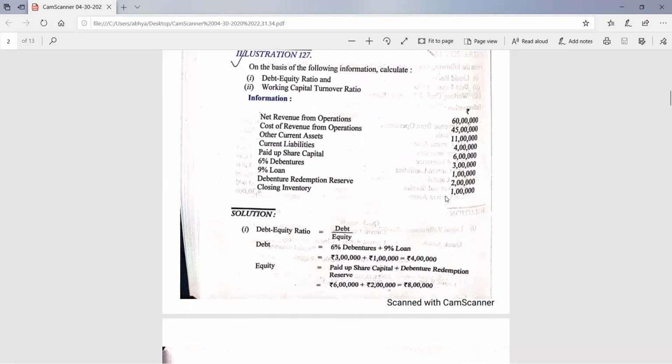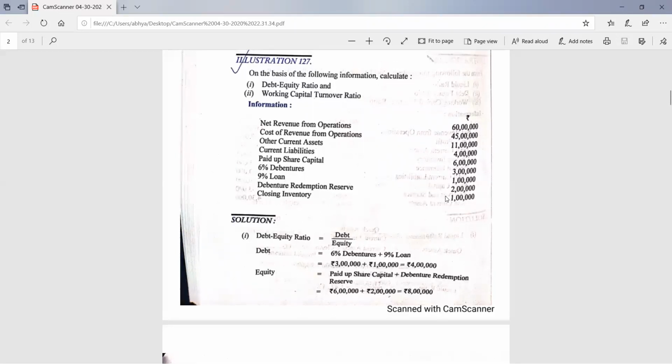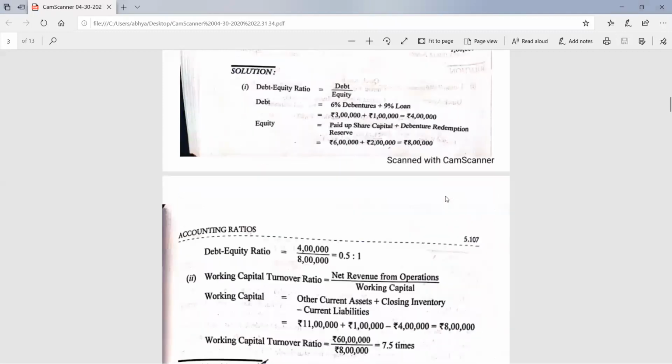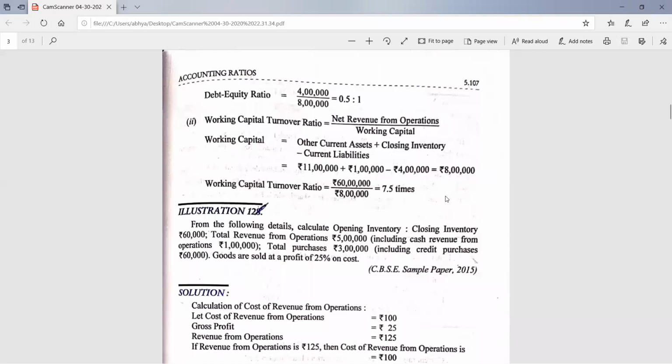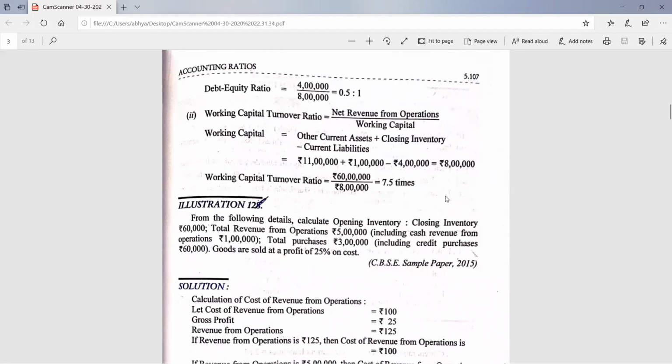Other current assets means other than those current assets which are given in the question. So other current assets are 11 lakh. And the other current asset in the question is closing inventory. So it will be added back. 11 lakh plus 1 lakh. So total of the current asset is 12 lakh and the current liabilities are given 4 lakh. So 12 lakh minus 4 lakh, which is equal to 8 lakh, and RFO is directly given in the question. So the answer is 7.5 times.